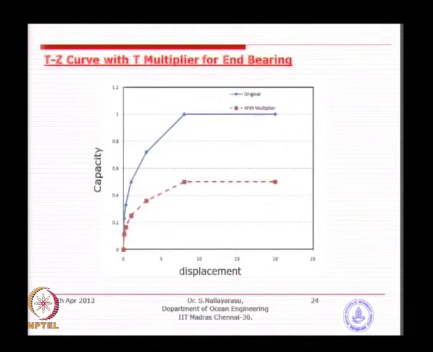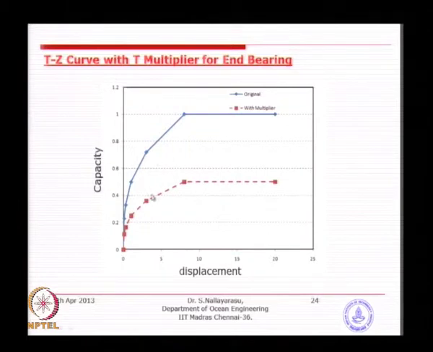Now, the effect of the T-z curve on the pile group effect. You can see here the original is in blue color, the T-z graph drawn typically for a clay type of soil. You can see several coordinates were given in API, so you can draw that, and then multiply.